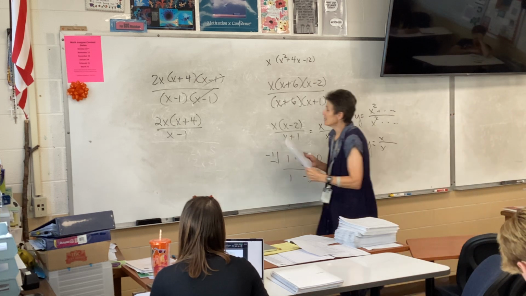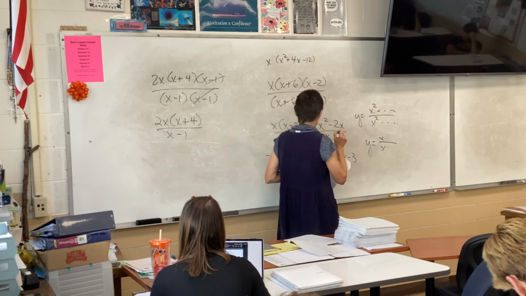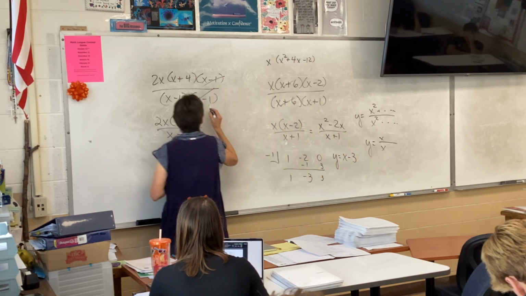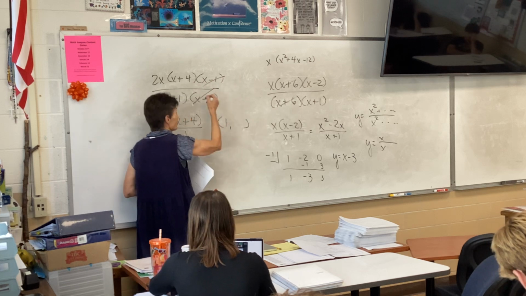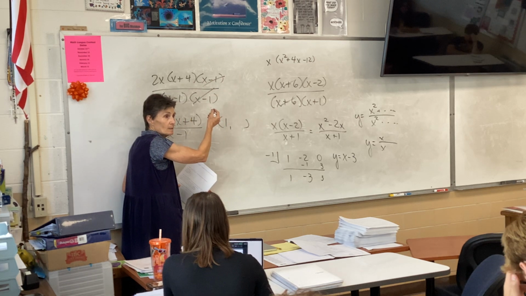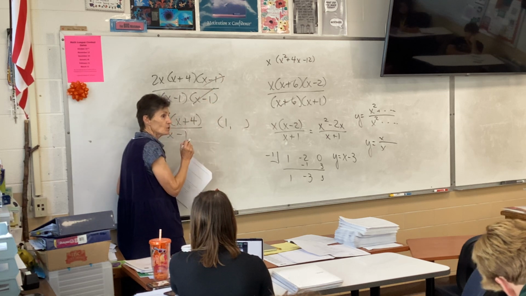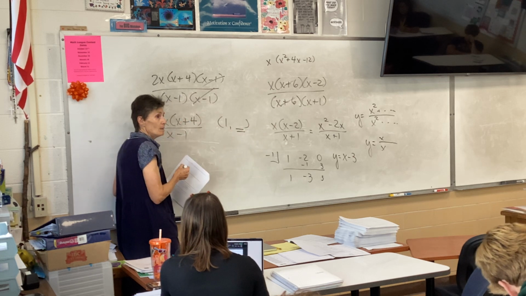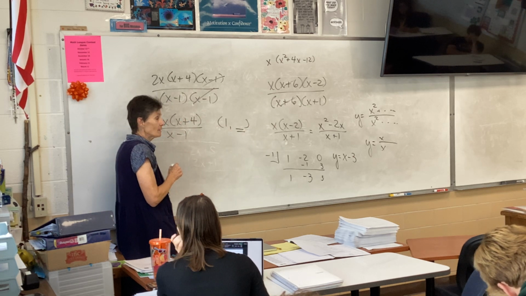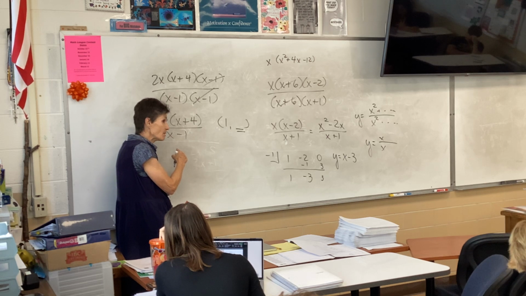You guys, think about this for a second. If you have a hole and you might think, well, my hole is going to be at x equals 1, what is the very next thing you do? After you see, oh, I have a cancellation, 1 comma, what's the very next thing you do? Plug in that 1? Can you plug in that 1? No. That means there is no hole.